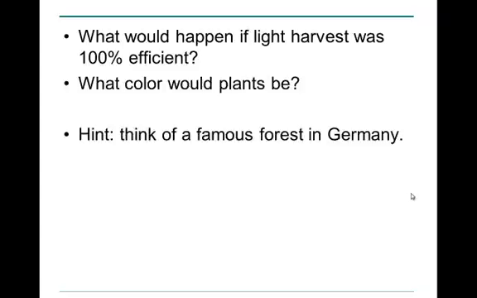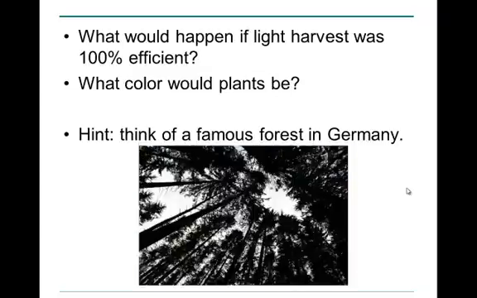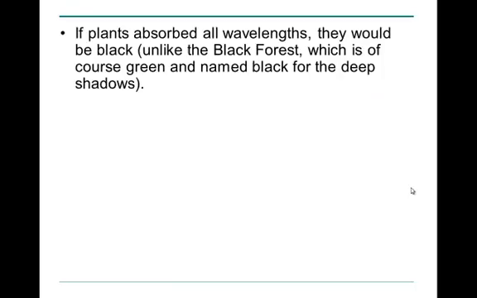They'd be the same color as a famous forest in Germany. That Black Forest, of course. There it is. Oh, yeah, that's the Black Forest. Not a photographic trick at all. That's the actual Black Forest. No, of course it's not. The Black Forest, of course, is not black. But if plants absorbed all wavelengths, they would be black. And, of course, the Black Forest is simply called the Black Forest because of its density and the depth of shadows, the deep shadows that are found there.